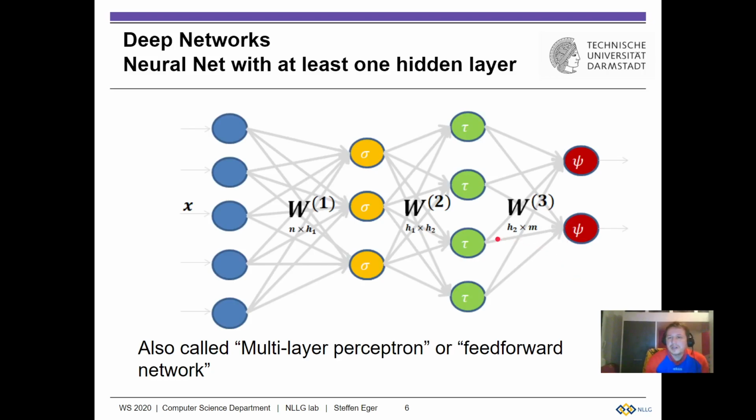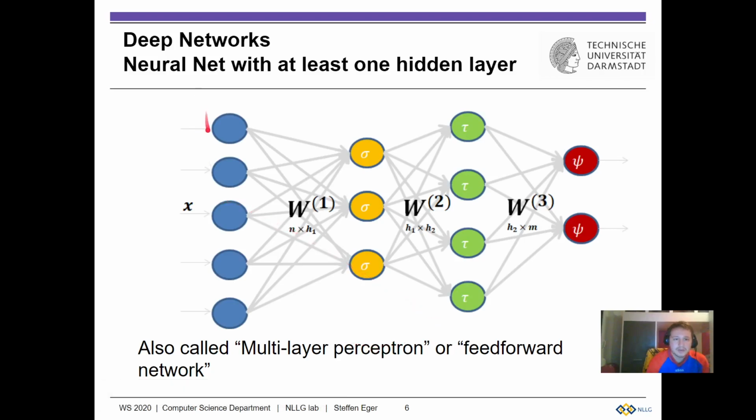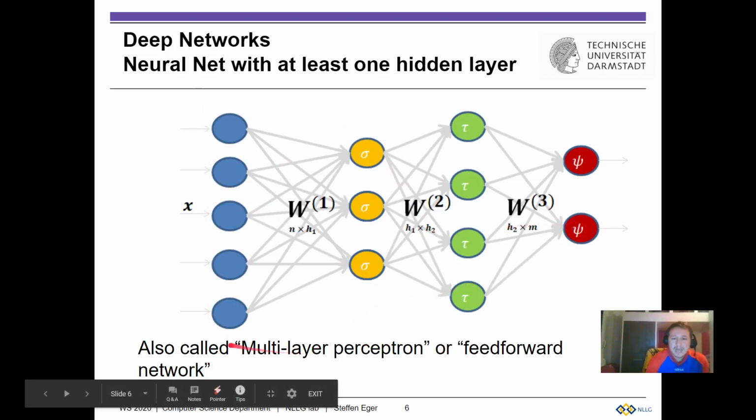So this is the mathematical model, the mathematical inspiration, and each of those layers is connected by a weight matrix, right? And if you have such a model, that would be called a multi-layer perceptron or feed-forward network. So again, perceptron is when you only have input and output, and multi-layer means you have multiple hidden layers here.